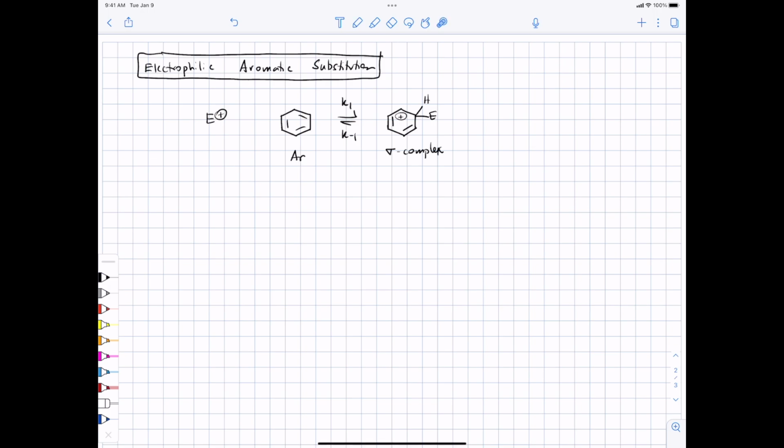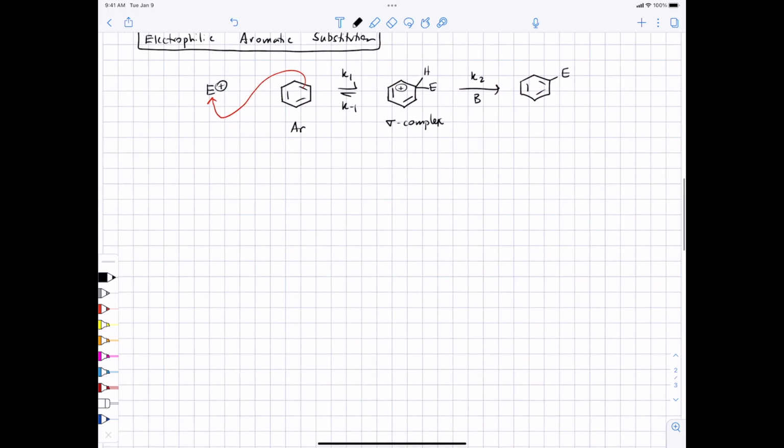Where you formed a sigma bond between one of the carbons of the arene and the electrophile. Doing so breaks one of the pi bonds in the ring, and so you've got a positive charge in the ring, and then usually in a fast step with some base, you re-aromatize.